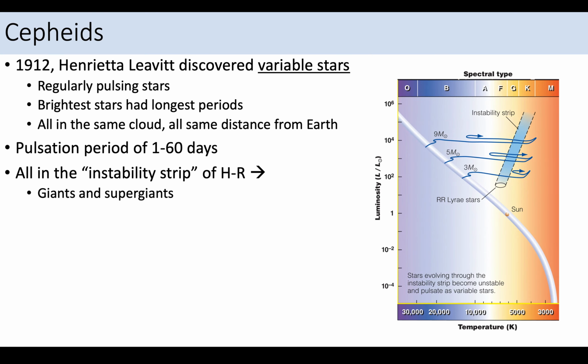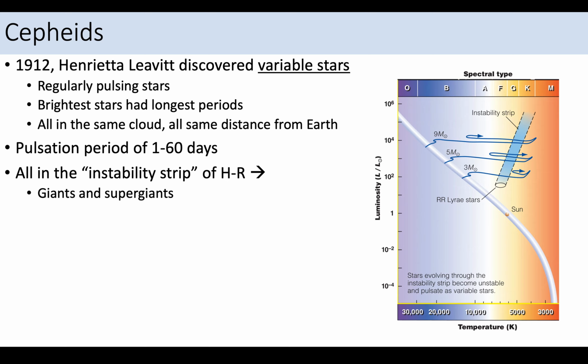So in 1912, Henrietta Leavitt, she was an astronomer that discovered variable stars. So variable stars are pulsating stars that pulse very regularly. So that's a regular timing pulsation.